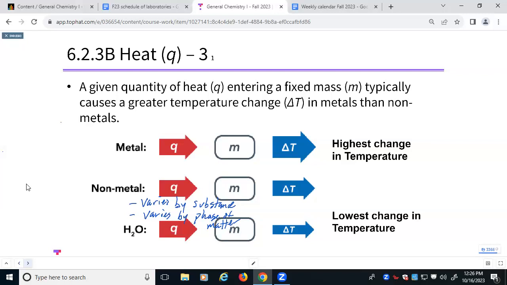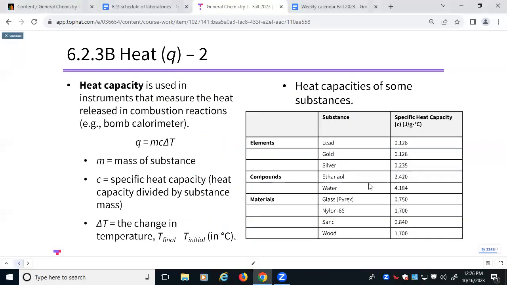Now, some trends here, some things that we ought to notice. When it comes to looking at heat values, one thing that we should notice is that metals have pretty low specific heat values. If I go back to this previous slide, the things that were metallic, lead, gold, silver, they all had relatively low specific heat values, which should make sense to us.